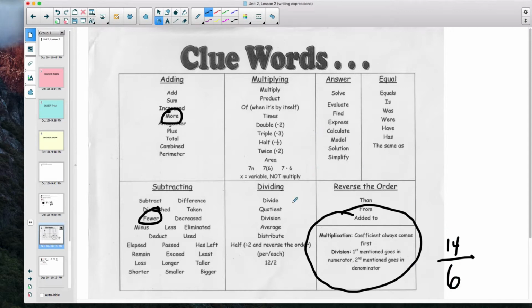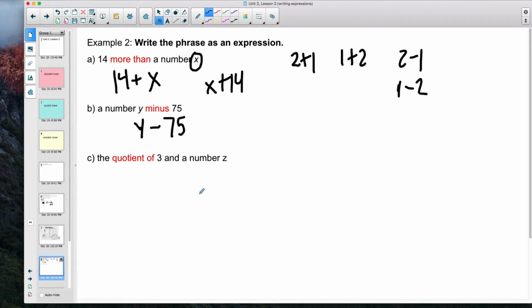All right. So if we go back to our division example, the quotient of 3 divided by a number represented by z. It's important, order does matter. This is your dividend, the number being divided by z, the divisor.